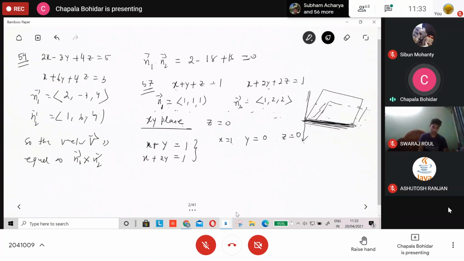That is equal to the determinant with i, j, k, then 1, 1, 1, then 1, 2. You see in your book, the figure is very clear here. So we get the value; what do we get? Tell me.